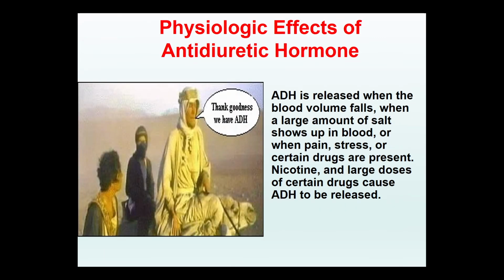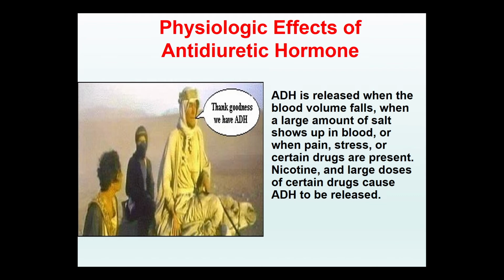The single most important effect of antidiuretic hormone is to conserve body water by reducing the output of urine. Antidiuretic hormone binds to the receptor in the distal or collecting tubules of the kidney and promotes reabsorption of water back into the bloodstream, into the circulation.